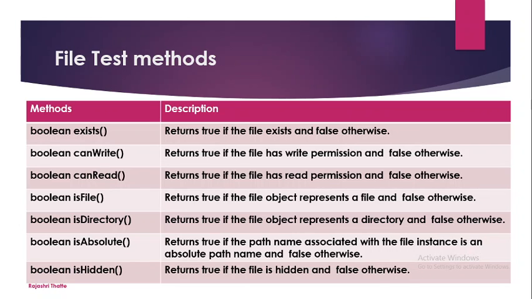If f2 is my file object and I want to check whether abc.txt has write permission or not, I can call f2.canWrite. It returns true if the file has write permission and false otherwise. If the write permission is associated with that file, I will get true as a return, otherwise false.